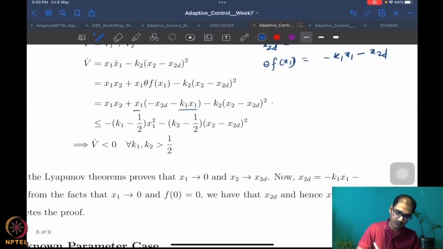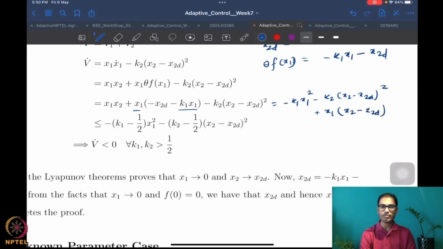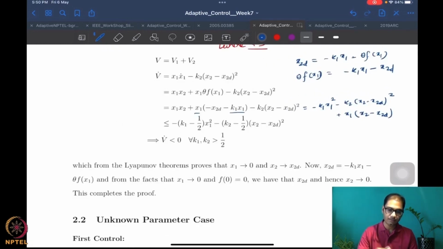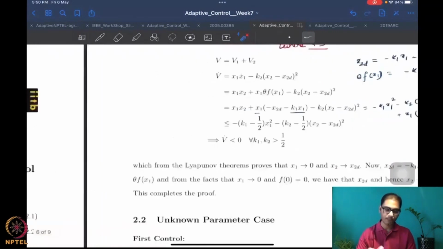This is actually equal to minus k1 x1 squared minus k2 x2 minus x2 desired squared plus x1 times x2 minus x2 desired. This is very similar to what we had in the previous backstepping also, because you have two nice negative terms and then one mixed term. This is very standard in backstepping type analysis.